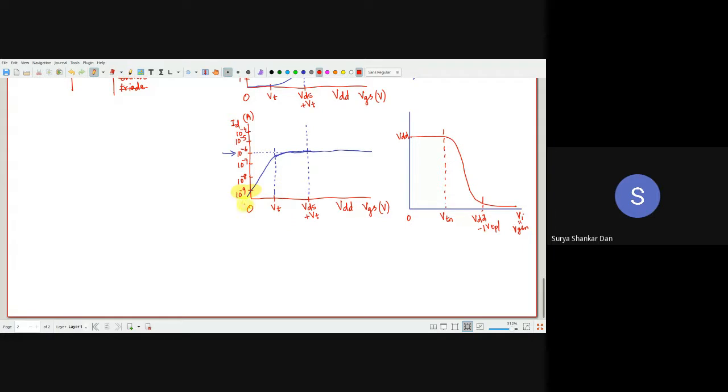Yes or no? So if VGSN is 0, even though the output voltage is VDD, 10 power minus 9 amperes of current is continuously trickling out of the output capacitor node. This is called the off current.